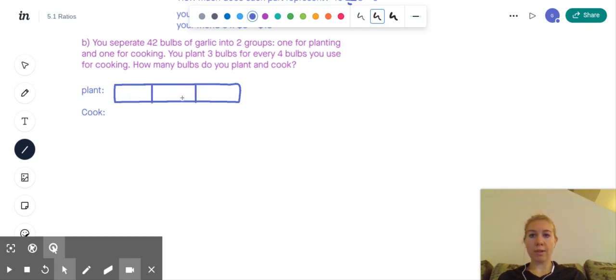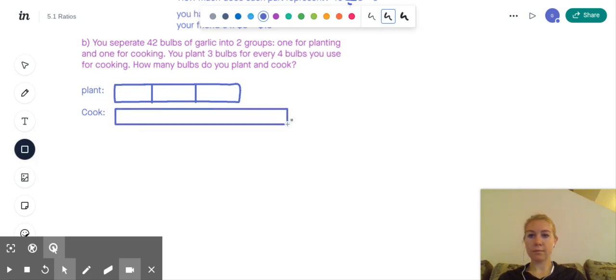We plant 3 bulbs for every 4 bulbs you use for cooking. So the cooking needs 4 parts. I'm going to try and make my parts as even as possible because we're saying that each part is equal.